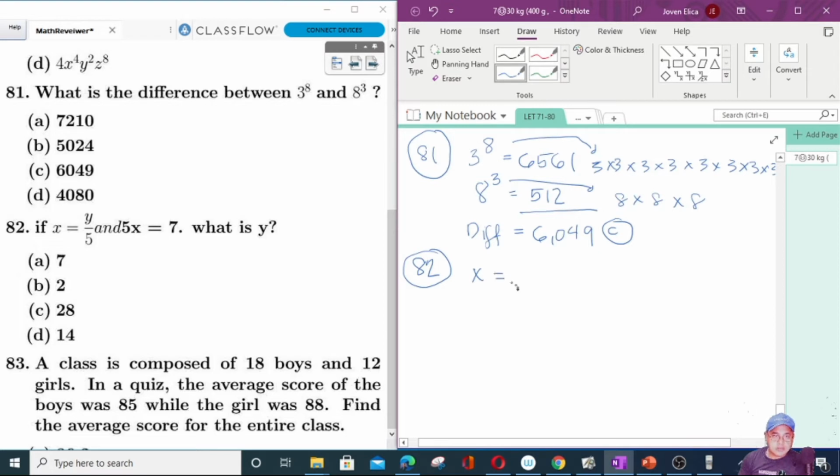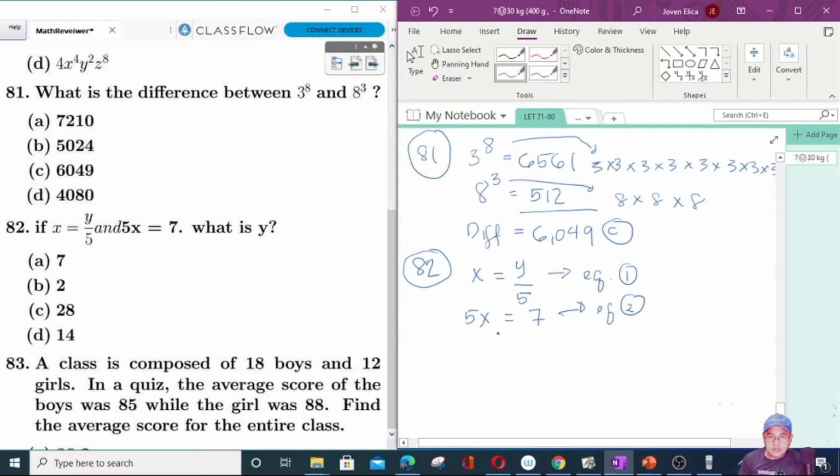If x is equal to y over 5, let's say this is equation number 1, and 5x is equal to 7, what is the value of y? We can do it like this, or you can solve it in other way.